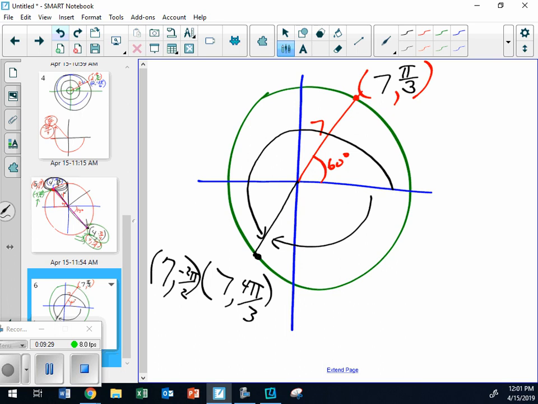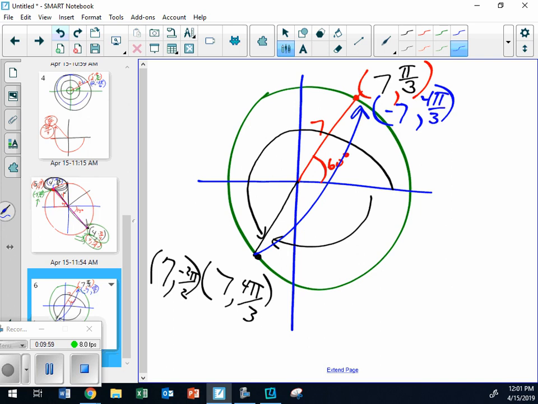Now, what if we want to transport it from where it is now, we want it to shoot over there. Then it would be called, which part gets to be negative? The r. So now it's going to be -7. And just to keep it simple, I'm going to use the positive angle. But it would have been okay to use the negative angle too.